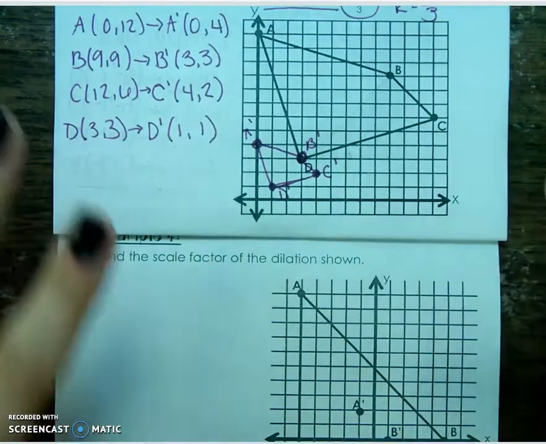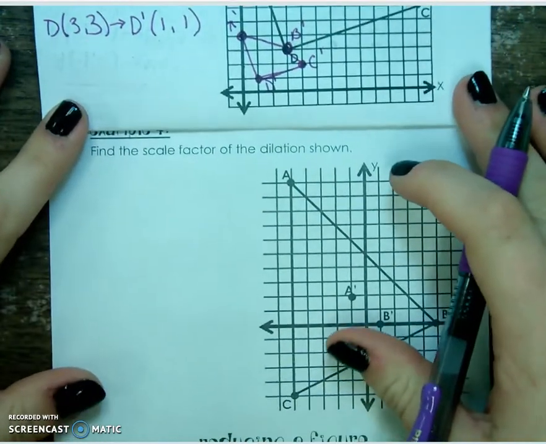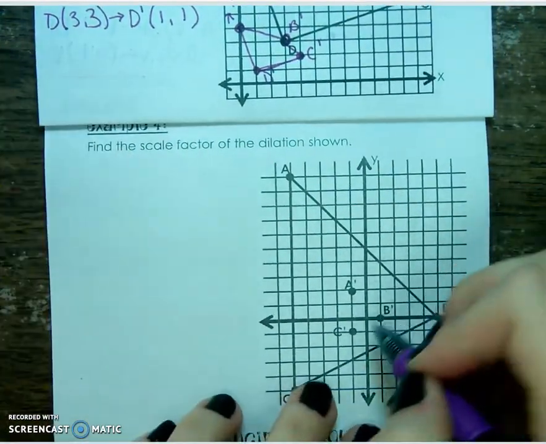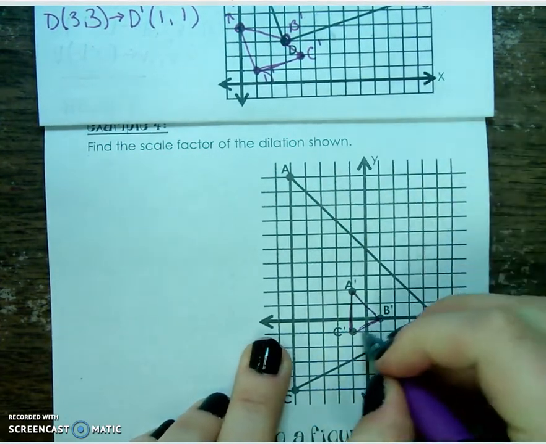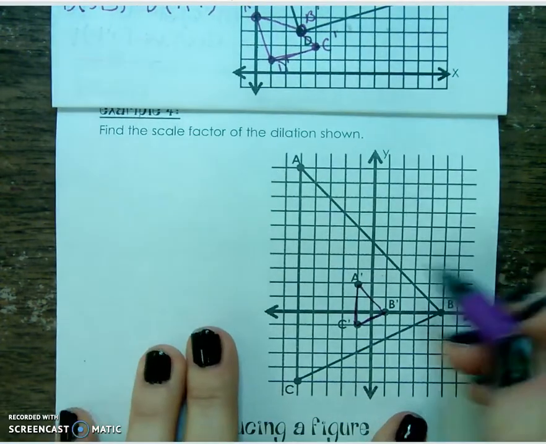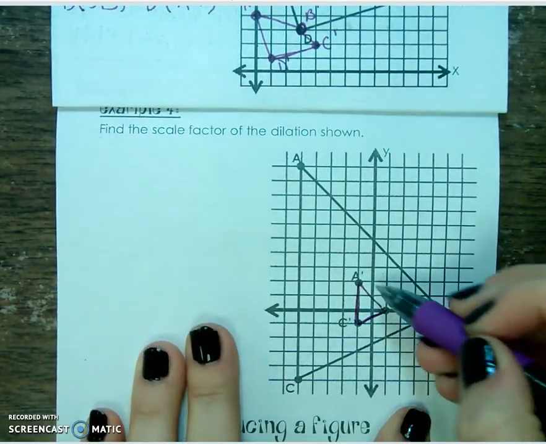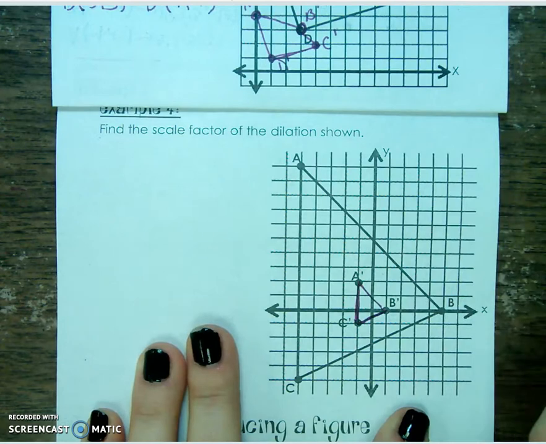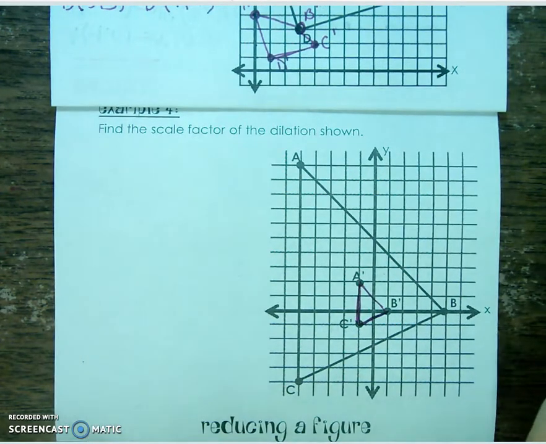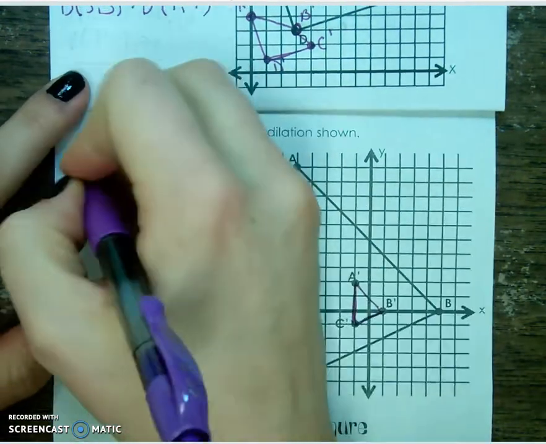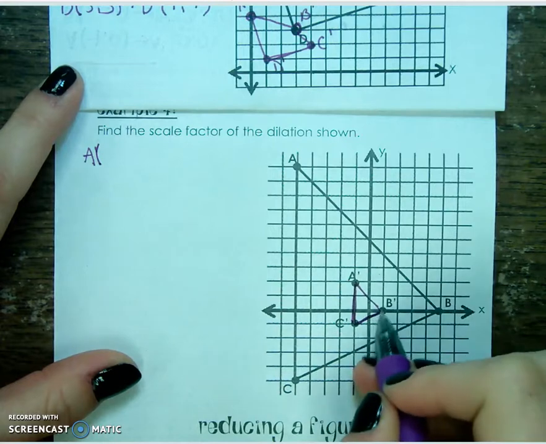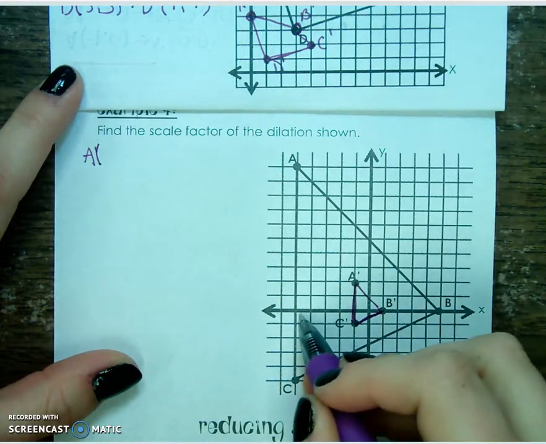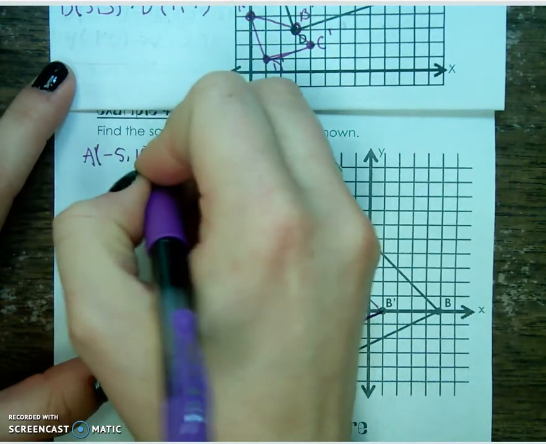All right, example 4. We're going to find the scale factor of the dilation shown. So I have the big triangle, and I'm reducing it to the little one. I know that the small triangle is the copy because I have the prime hash marks next to each of those points. All right, so A's original point is (-5, 10).